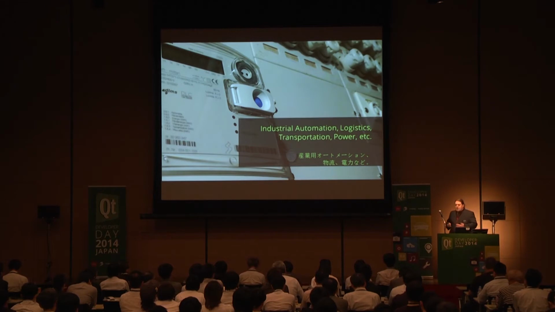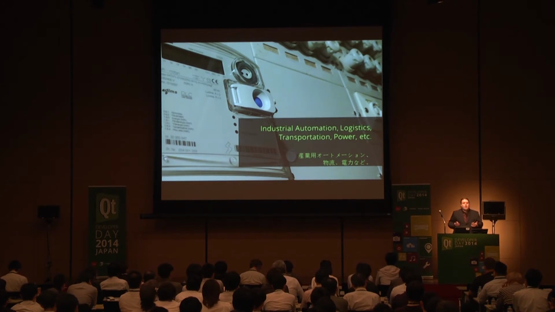In the same way, a logistics company can track in real time where all their cars are, what their status is, and if they have maintenance needs or anything like that.